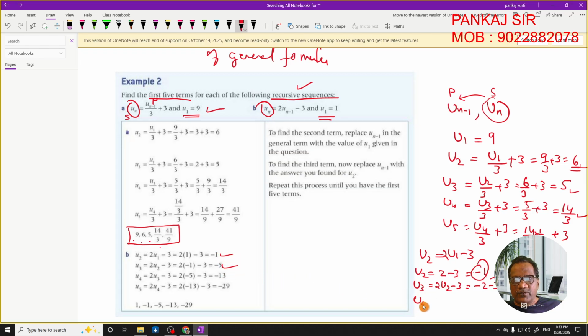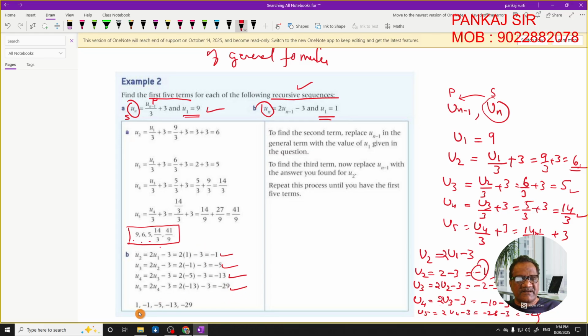Same way u4 will be 2 times u3 minus 3. u3 is minus 5, so minus 5 into 2 is minus 10, and minus 3 will be minus 13. And u5 will be 2 times u4 minus 3, which is minus 13 into 2 is minus 26, minus 3, which is minus 29.